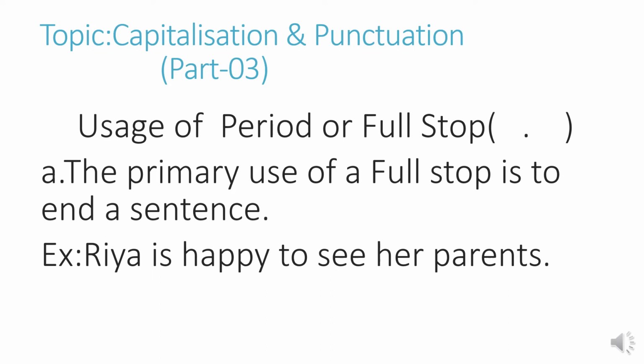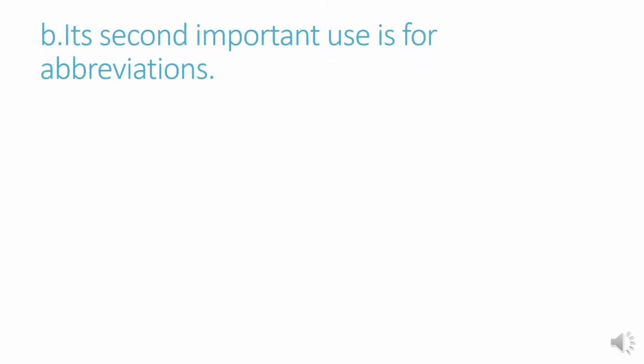Let us go through the second one. Its second important use is for abbreviations. That means for abbreviation we can use a full stop. Abbreviation means the short forms, the codes that we use. Like, my brother is an M.A. M.A. here stands for Master of Arts.